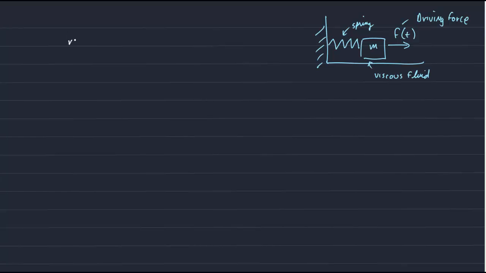So the general equation again is m x double prime. So this is inertia, mass times acceleration, plus our viscous resistance, and this is our viscous damping term, plus the resistance of our spring, and that's equal to all terms that are independent of our position, which in this case is our driving force.